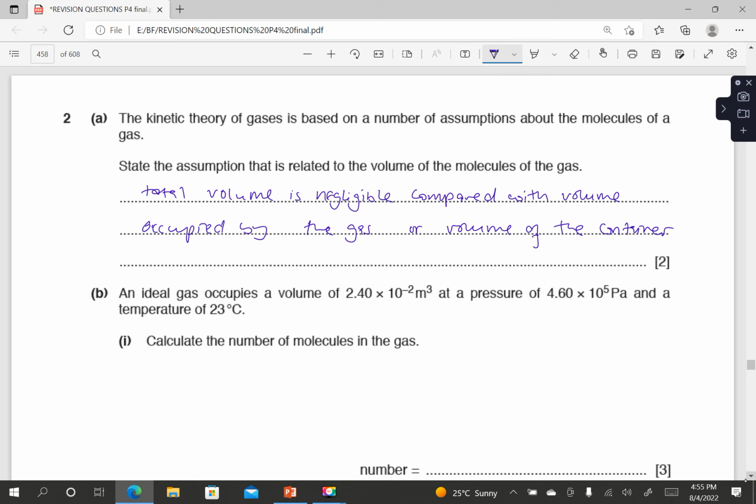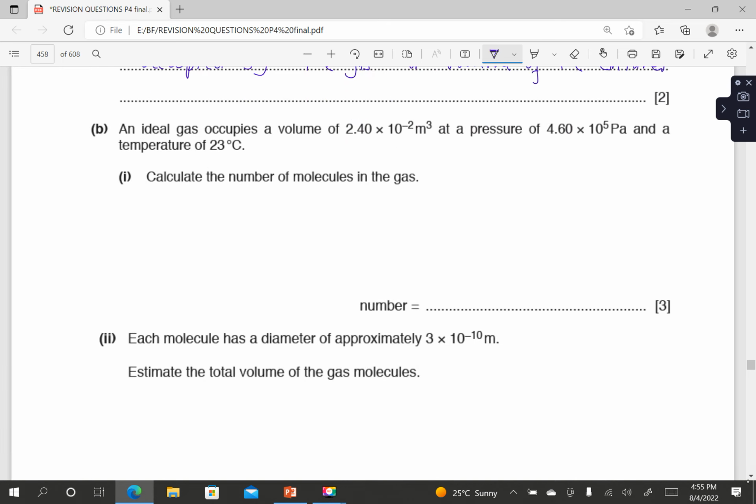Okay, next, an ideal gas occupies this volume at a pressure of that and a temperature of that. Calculate the number of molecules in the gas. Such questions are now very obvious. PV is equal to nRT, where n is the number of molecules over Avogadro's number.